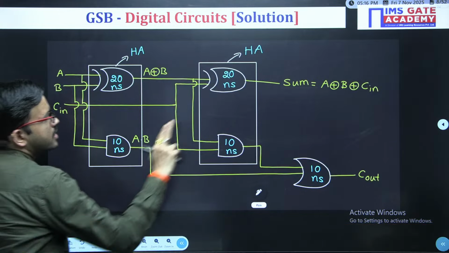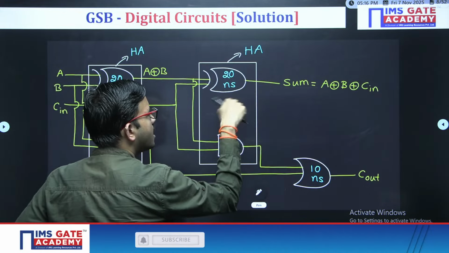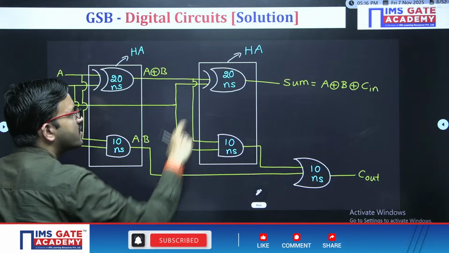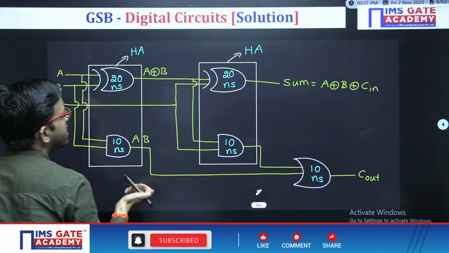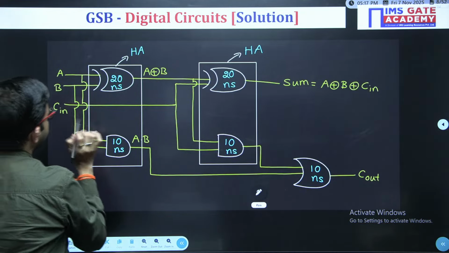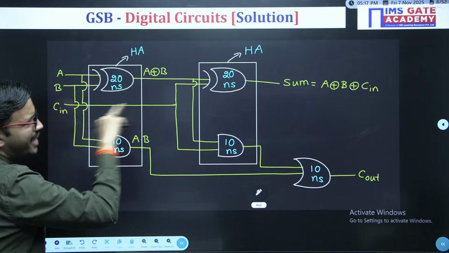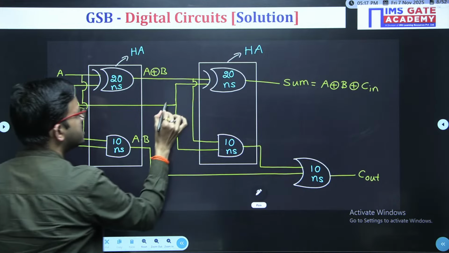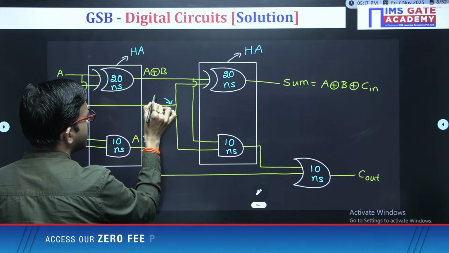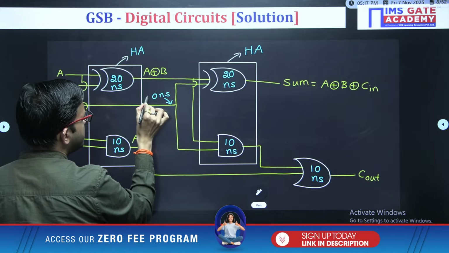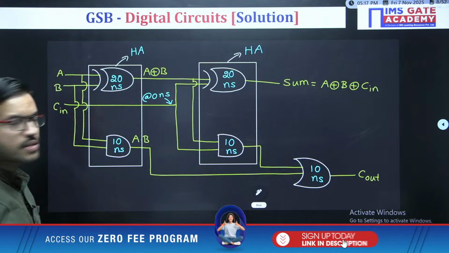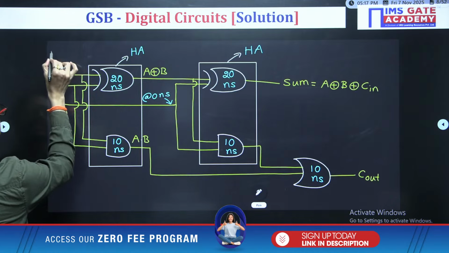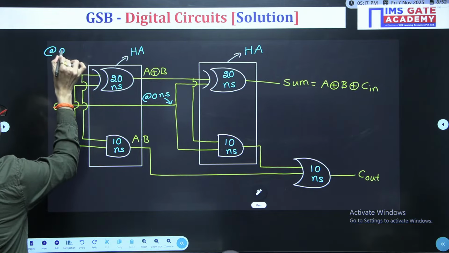So here, in order to get the sum, you are getting it at the output of this XOR gate. This XOR gate is having 2 inputs. One input is nothing but the direct carry input. This input is available at 0 nanosecond. There is no delay, because all these inputs A, B, C in you are giving at time 0 nanosecond.